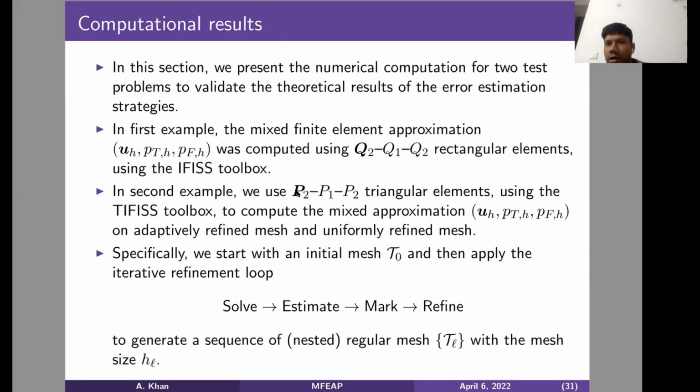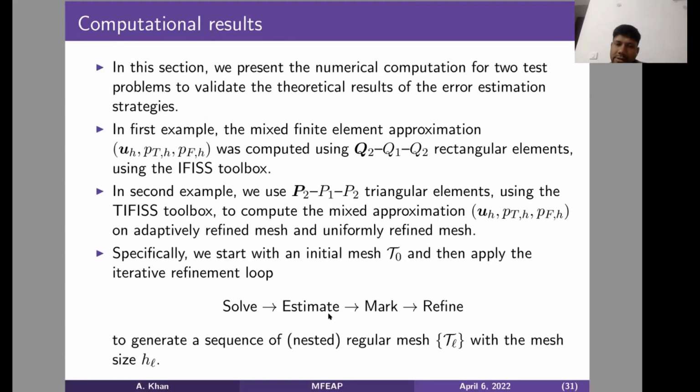So we'll use P2, P1, P2 triangular elements, and for adaptivity we will use the standard refinement loop as we already saw in our previous talk. Solve, estimate, mark, refine. So it is easy.